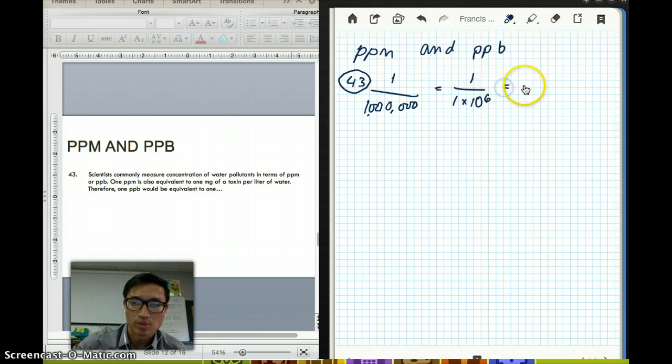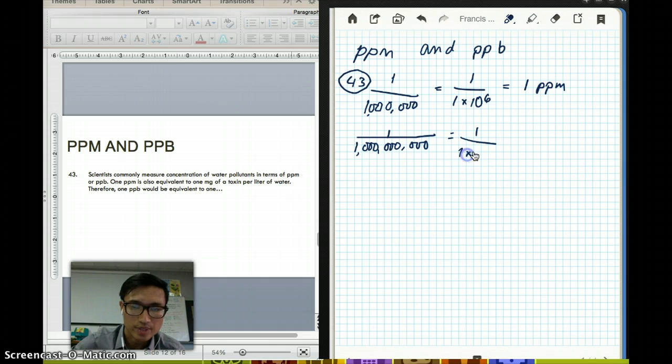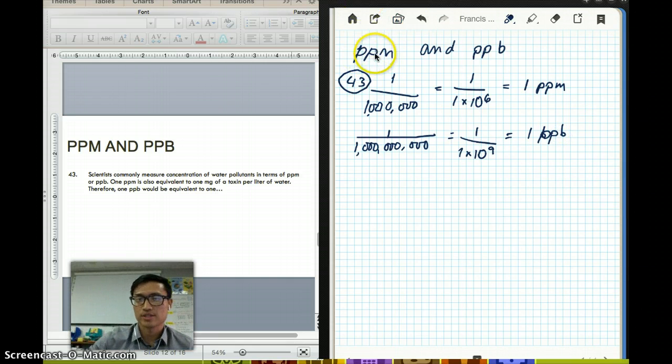This is 1 part per million. 1 part per billion is 1 followed by 9 zeros, which is 1 times 10 to the 9, since it's 9 zeros, okay? And again, this is 1 part per billion. All right, so that's kind of the basics, understanding what ppm and ppb stand for, okay?